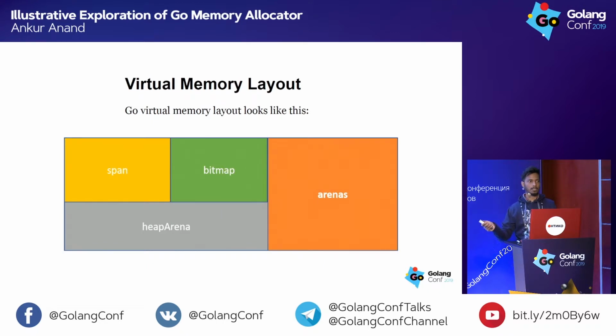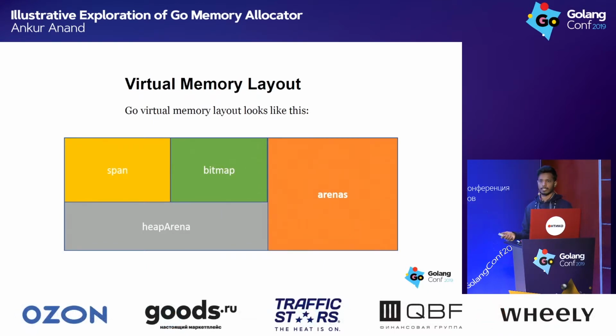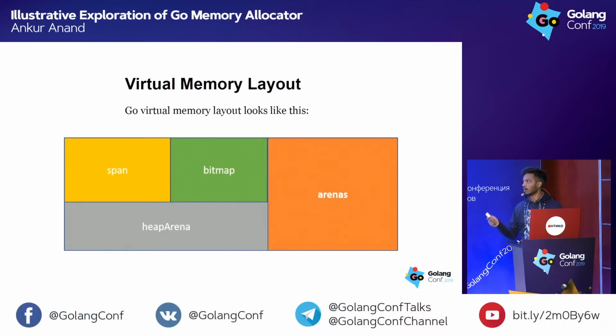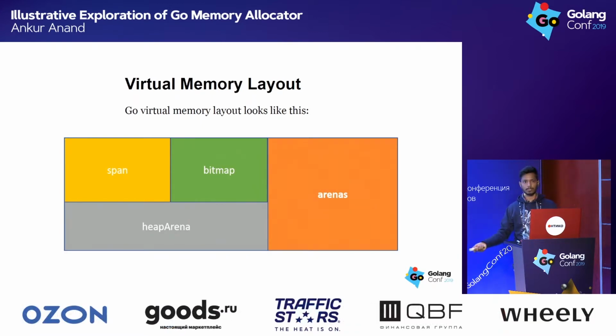Each heap arena is of size 64 MB on 64-bit Linux. On other operating systems like 32-bit Windows, it's 4 MB, but that is subject to change. So right now it's 64 MB. Take this number with a grain of salt, because earlier it was around 512 GB altogether in a single Go. So these numbers can change in further Go versions. These numbers are based on Go 1.12.5.